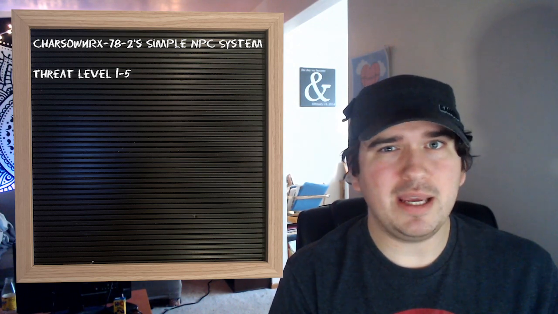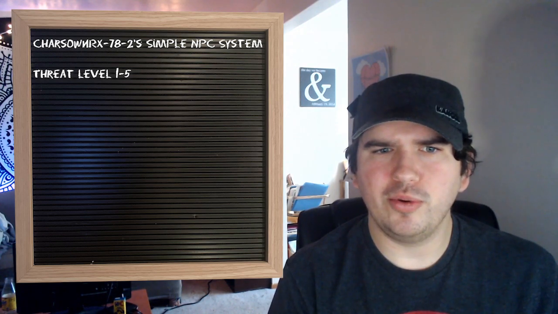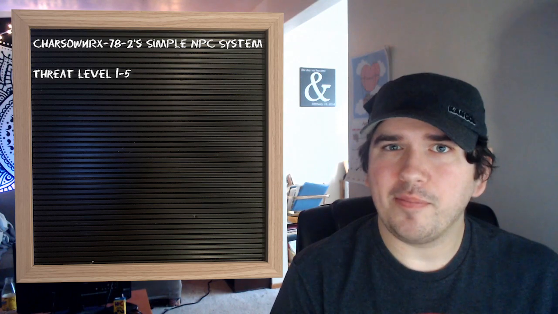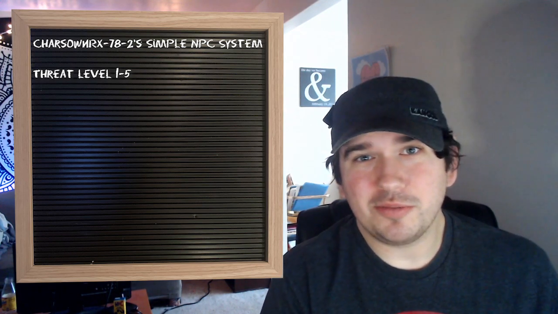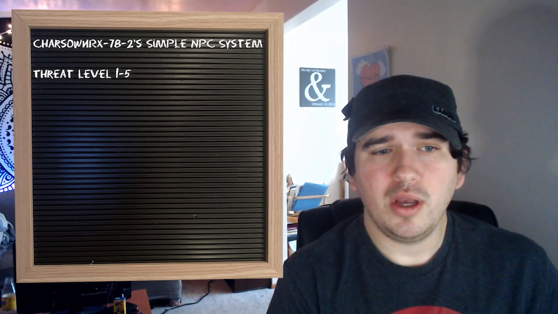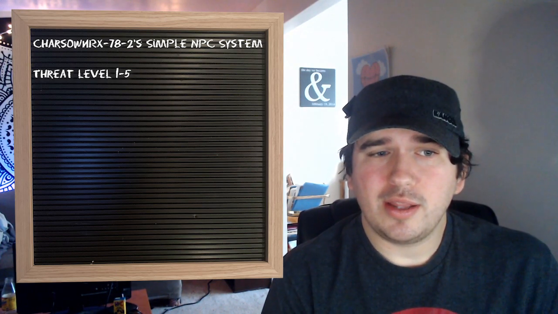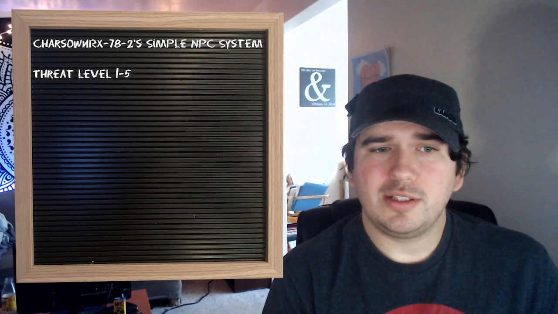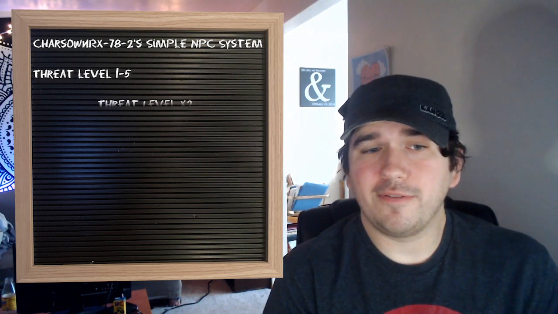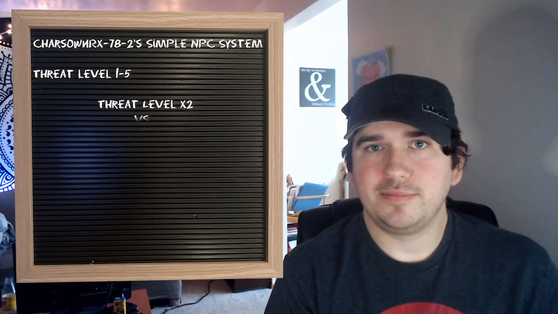And level 5 would be extreme dangers, Methuselahs, war-form werewolves, and other major threats that your characters may encounter in the night as they go through their adventures. Now, how you use this threat level is to take that threat number, 1, 2, 3, 4, or 5, and double it.